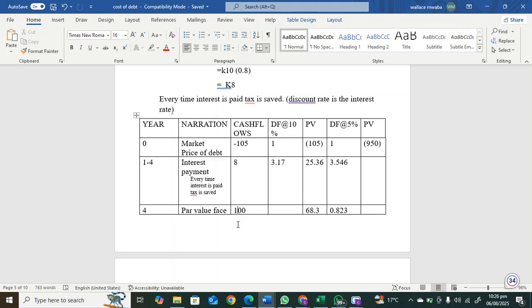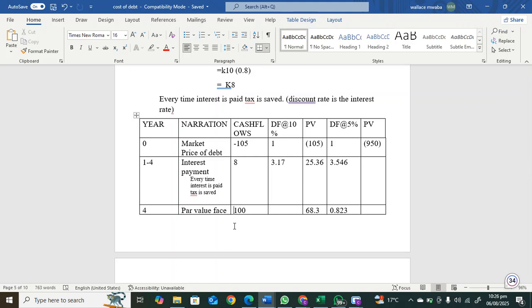Then in the final year four, after you get your final interest payment, you get paid the par value. So what we're going to do now is find the present values of these monies.